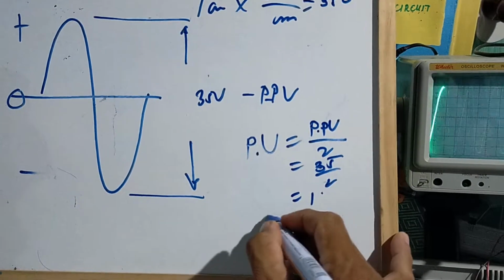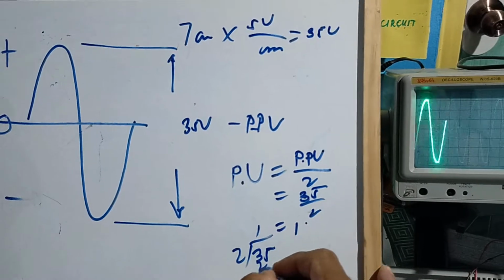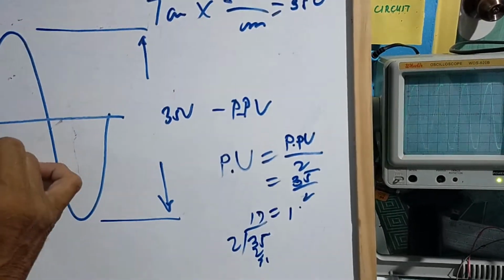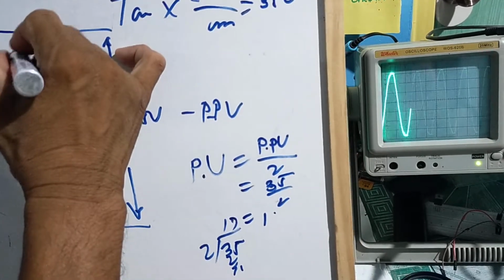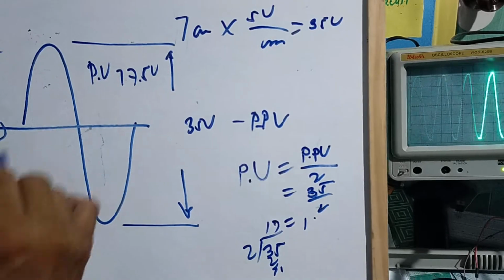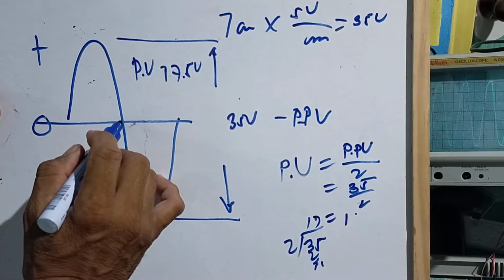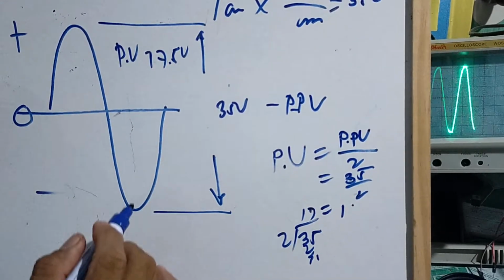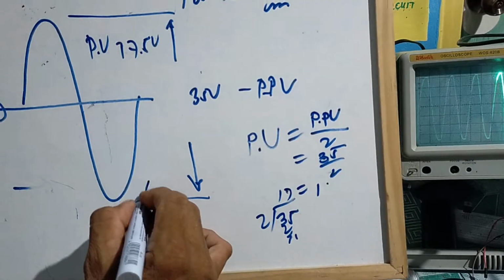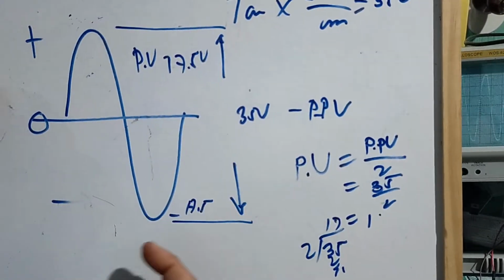Let us divide. 35 divided by 2 is 17.5. The peak value now is 17.5 volts, from the peak of this positive alternation to the 0 level. The same also here. From 0 to this peak is negative 17.5, because it is the negative alternation.